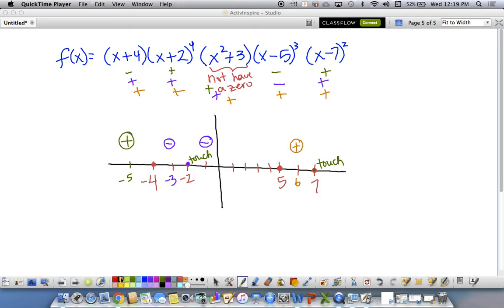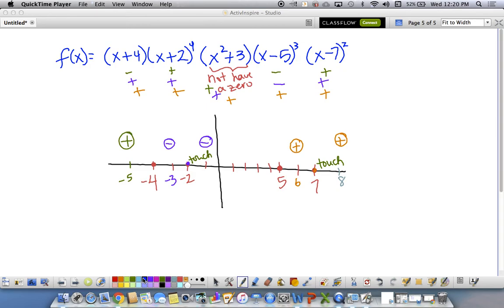So it switched. It was negative, negative, and it's going to switch to be positive. Where it touches, it should be the same on the other side. If you really wanted to check what happens at 8, got a positive, a positive, a positive, a positive, and a positive. That's right, it's going to be positive.